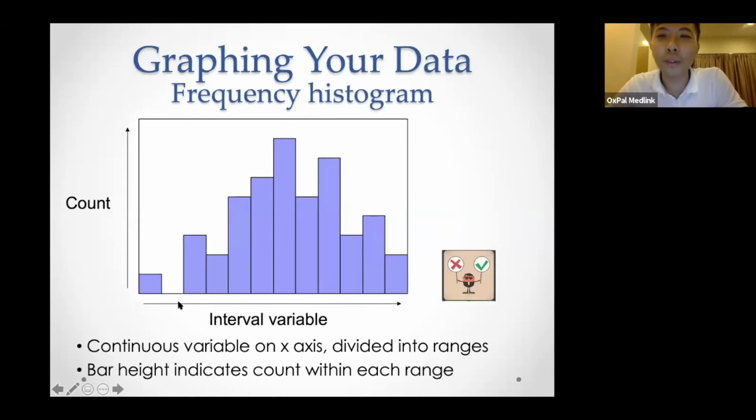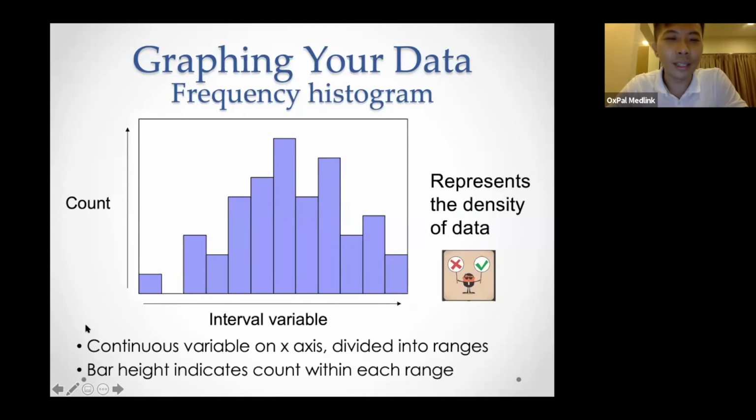Okay, a true or false question. This represents the density of data. The area under the curve represents the density of the data. Let's hear from you whether this is true or false.